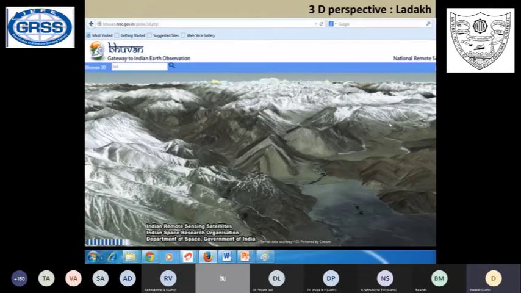A typical example is Ladakh, where you would like to have a 3D perspective. This is a typical example from Bhuvan on three-dimensional modeling, because it has a very good open source tool which allows you to get into the 3D Earth model and visualize various facets of the third dimension of the high reaches of the Himalayas.